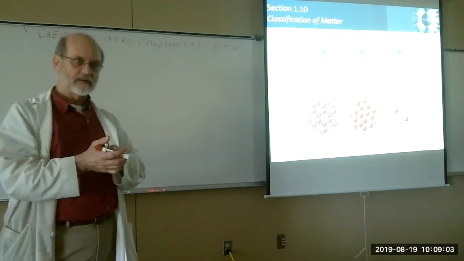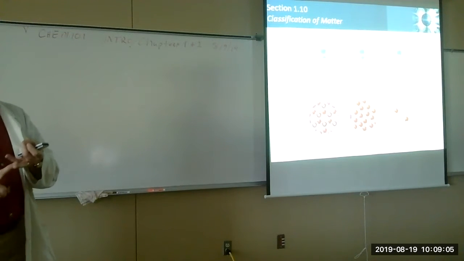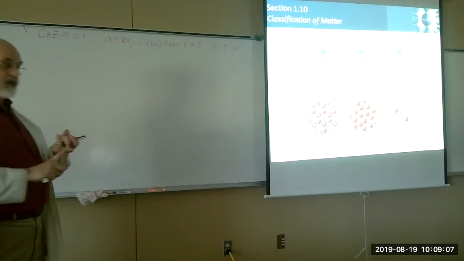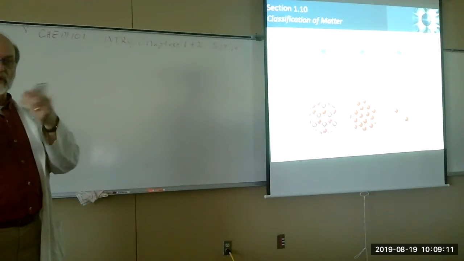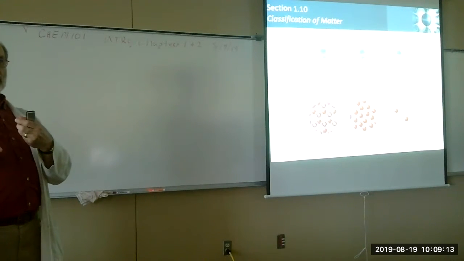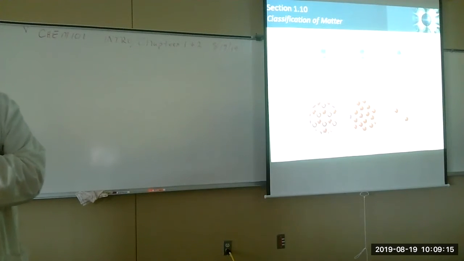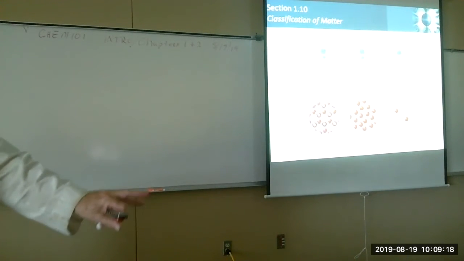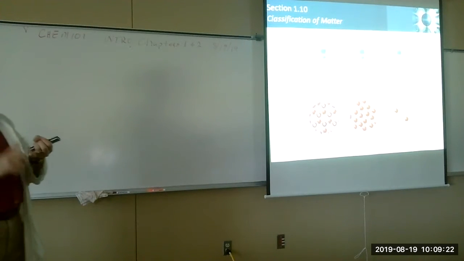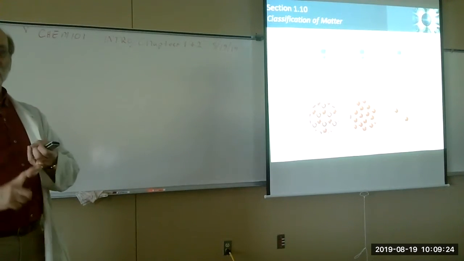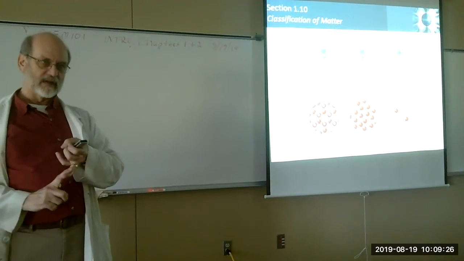That's a solid: definite shape, definite volume. A liquid still has a definite volume, but the molecules are able to slide past one another, which means if you put the liquid on the table, it just goes everywhere. It needs a container. So definite volume but indefinite shape is a liquid.